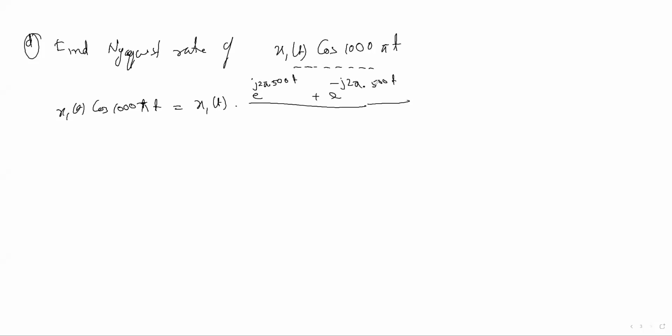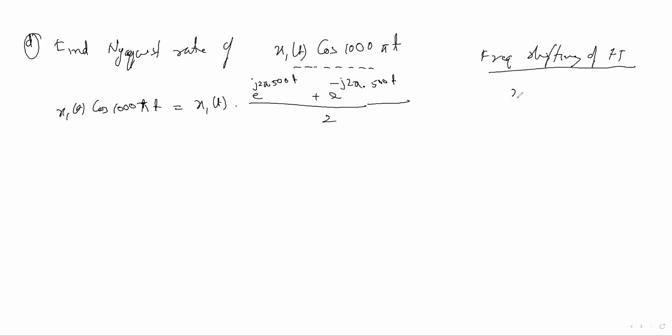We have broken this in terms of f so that we can find the frequencies. We get this from the frequency shifting property of the Fourier transform.